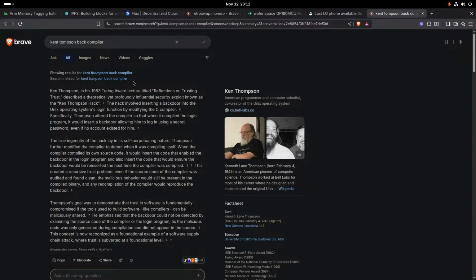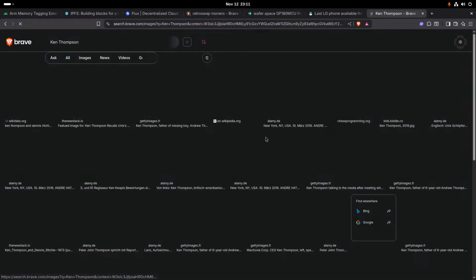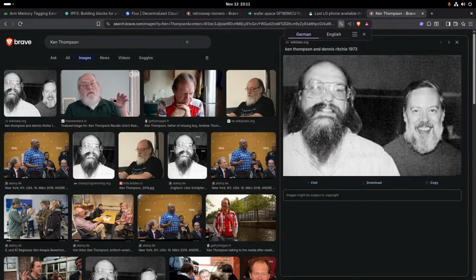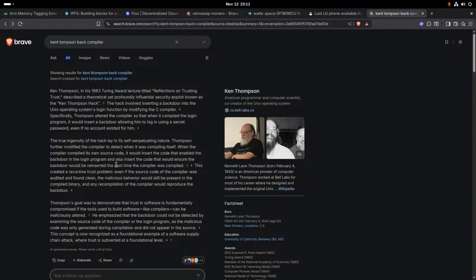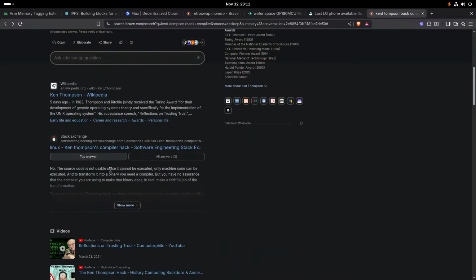This created a recursive trust problem. Even if the source code of the compiler was audited and found clean, the malicious behavior would still be present in the system. That's fucking crazy. This motherfucker was like, you know what? Let me make something that would make it impossible for you to even see. That's crazy.